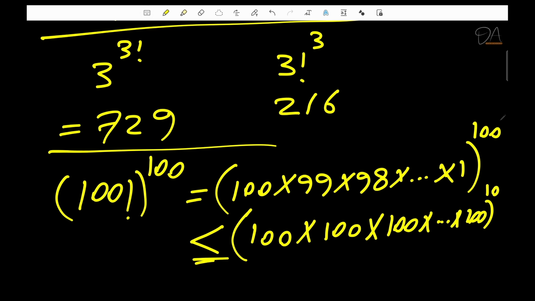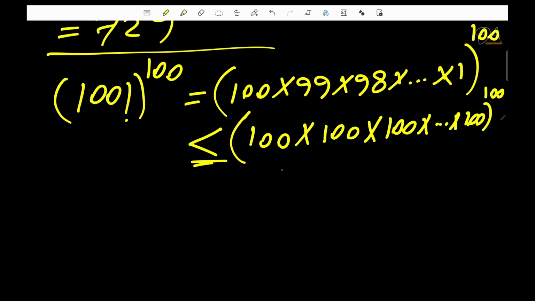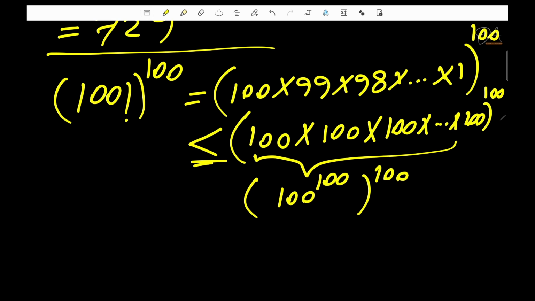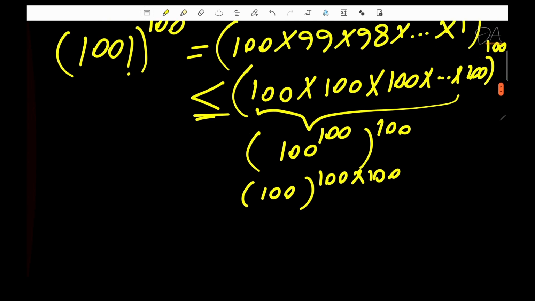So this is simply 100 repeated 100 times, and we can write this as 100 to the power 100, and all of this to the power 100. And this can be written as 100 to the power 100 times 100.